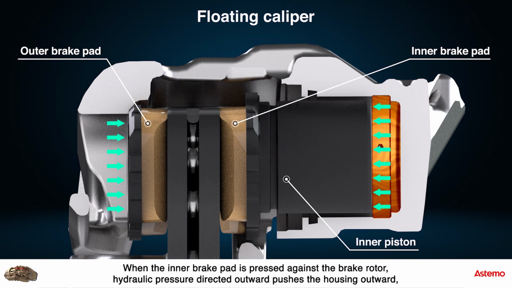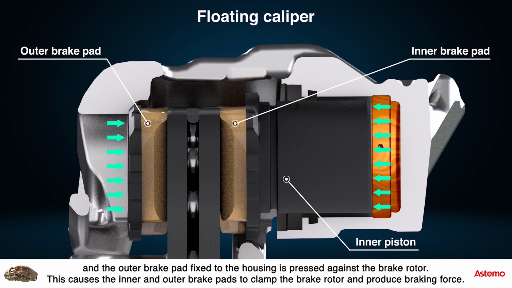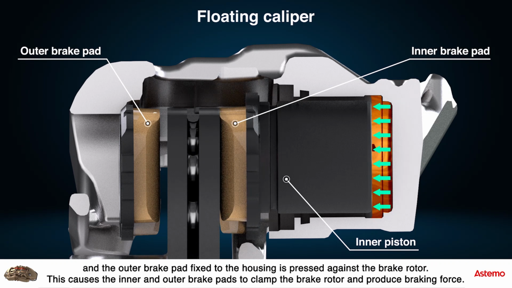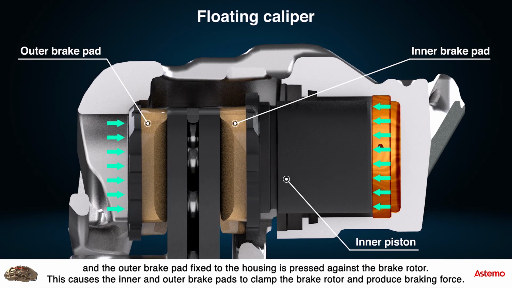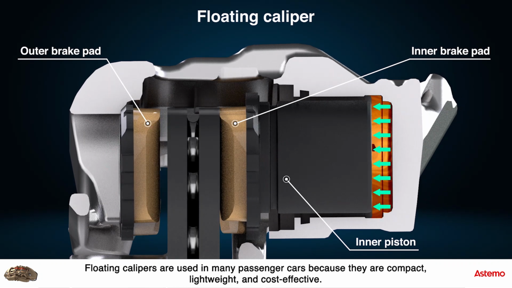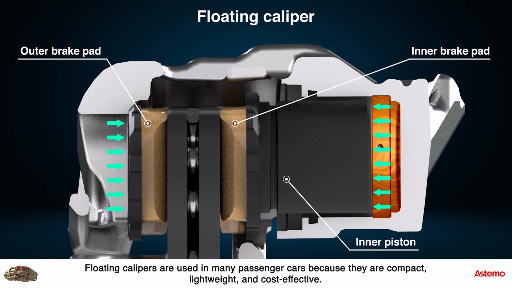When the inner brake pad is pressed against the brake rotor, hydraulic pressure directed outward pushes the housing outward, and the outer brake pad fixed to the housing is pressed against the brake rotor. This causes the inner and outer brake pads to clamp the brake rotor and produce braking force. Floating calipers are used in many passenger cars because they are compact, lightweight, and cost-effective.